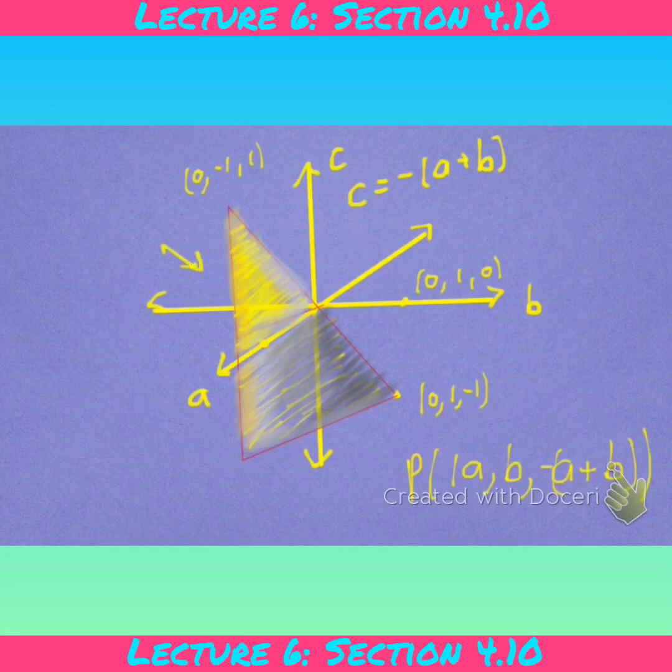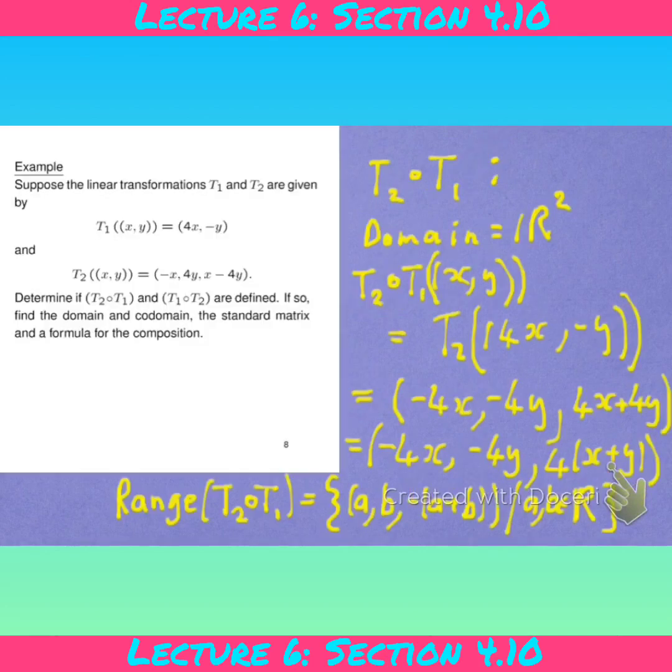So it's all points that lie on that plane. So the range of T2 composition with T1 is simply all points in R3 that lie on the plane determined by the third component. All right.